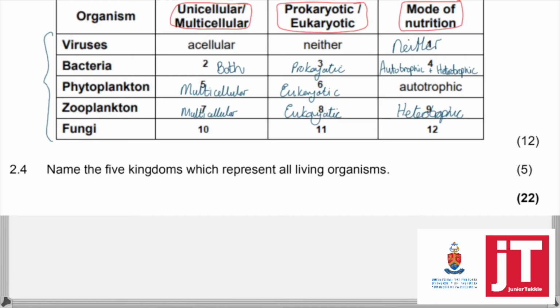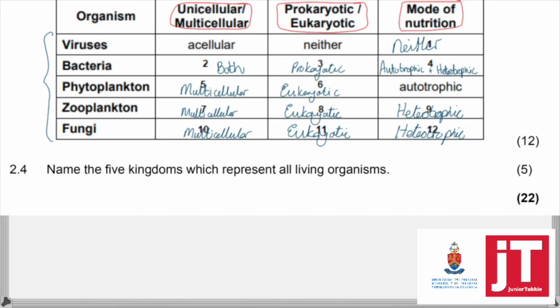So there we're looking at zooplankton actually receiving their nutrition from other organisms that are autotrophic organisms. Looking at fungi, multicellular organisms, they are going to be eukaryotic as well, nuclear membrane bound, and mode of nutrition, heterotrophic. Now, our fungi are also considered our decomposers. So they're responsible for the recycling of materials in the environment.